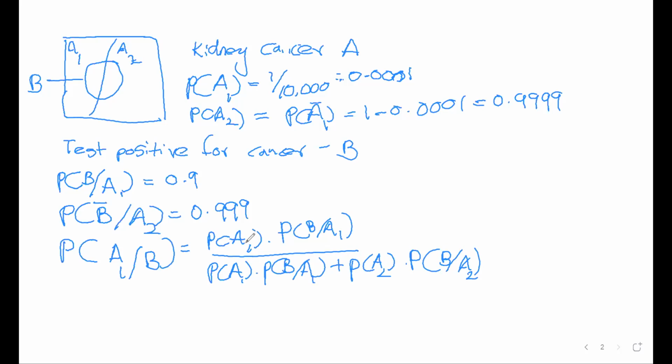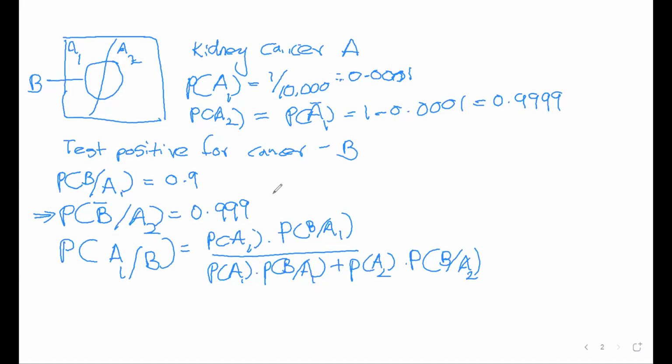So now we have P(A1), P(B given A1), P(A2) and P(B given A2). We need to find P(B given A2). Here it's given the complement, P(B bar given A2).